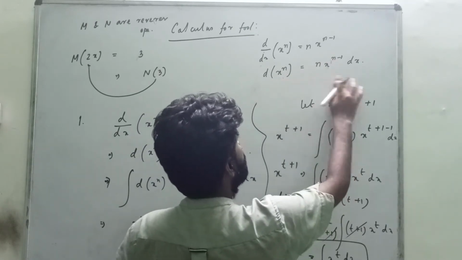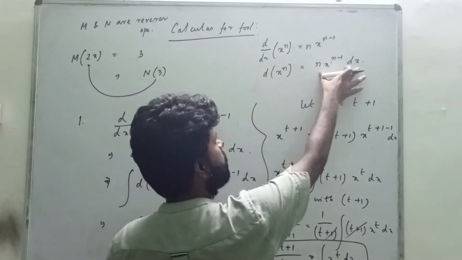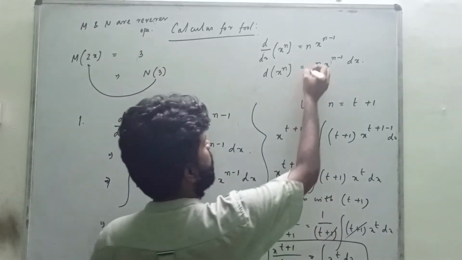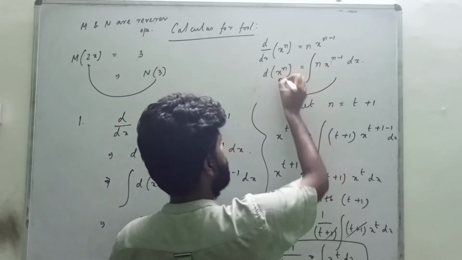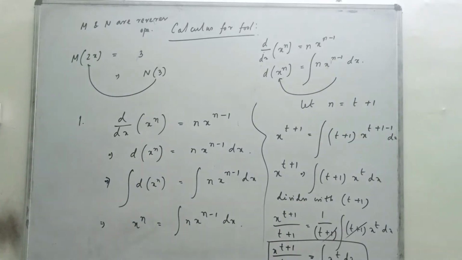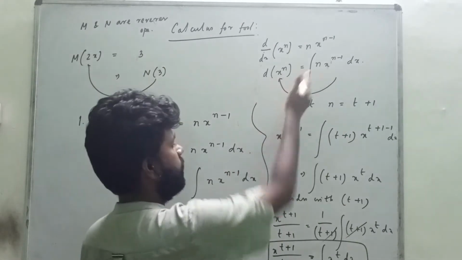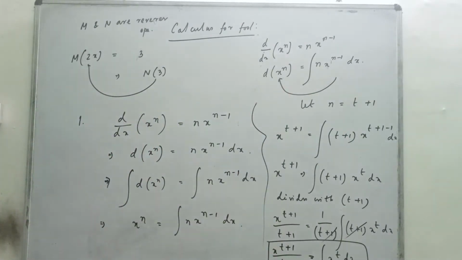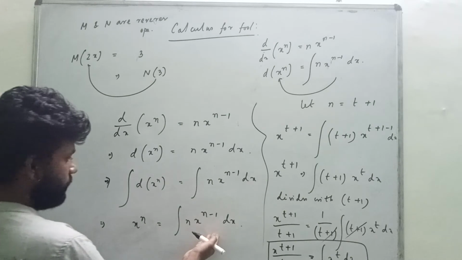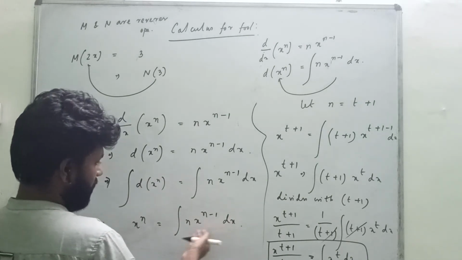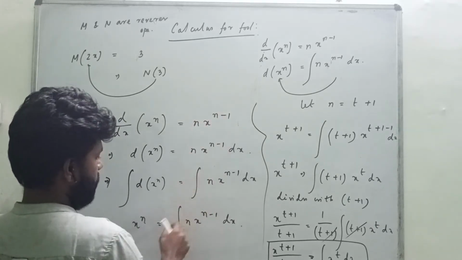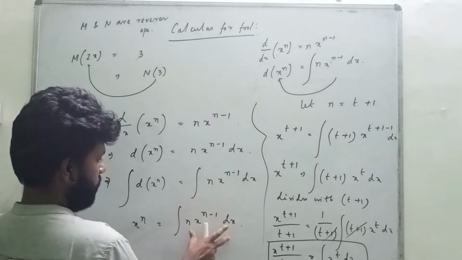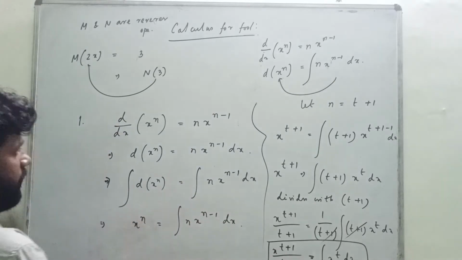So obviously, if d of x^10 goes to this thing, and I operate with the sum of, the whole thing becomes x^10, because these two, d and sum of, are reverse operators.